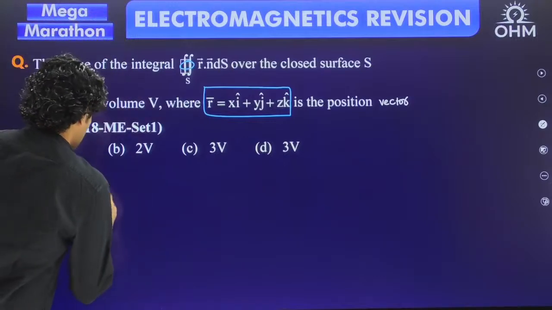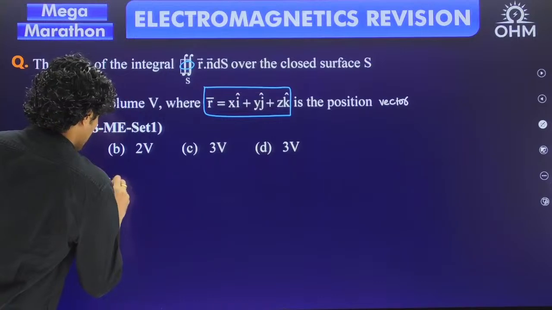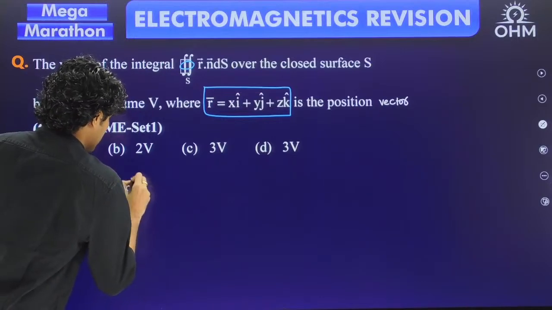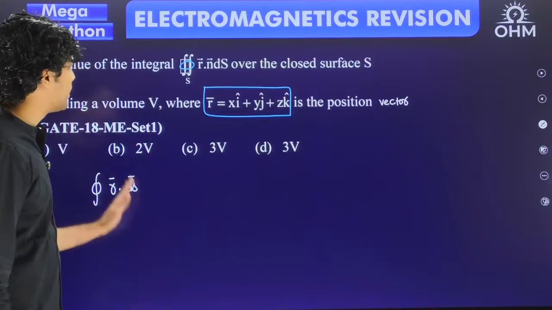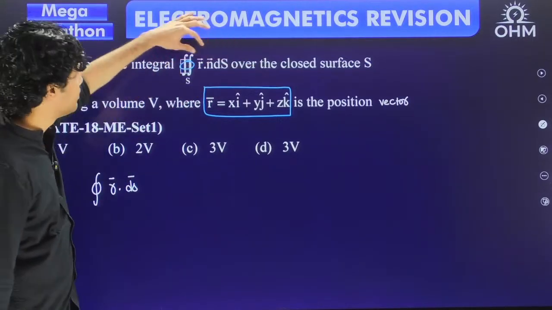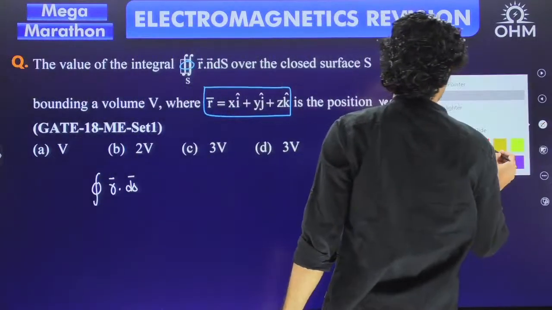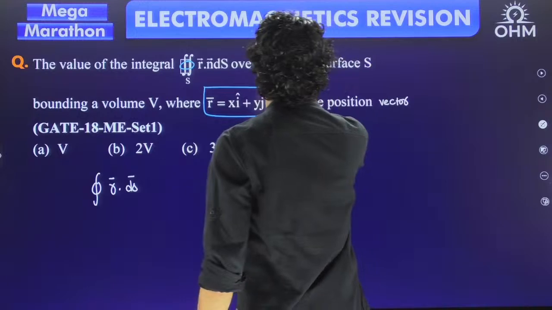I'm rewriting it in my own notation: integration of r bar dot ds bar. Whatever is ds bar that you have here, ds bar is nothing but ds times n cap or n bar. This n bar is nothing but the normal direction. And you have been very clearly told that you're having a closed surface.